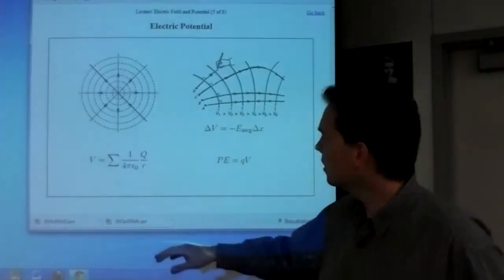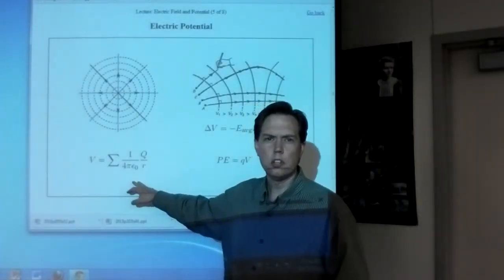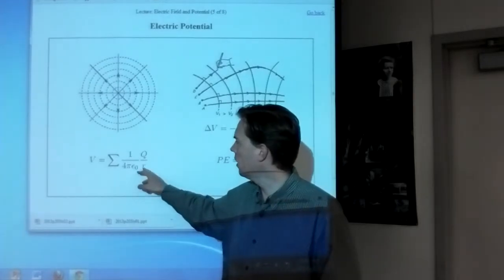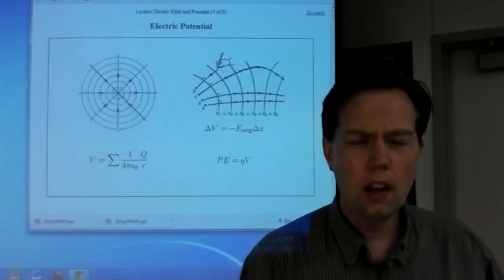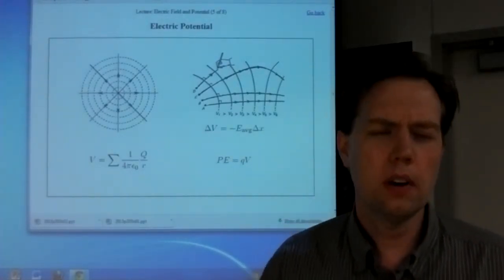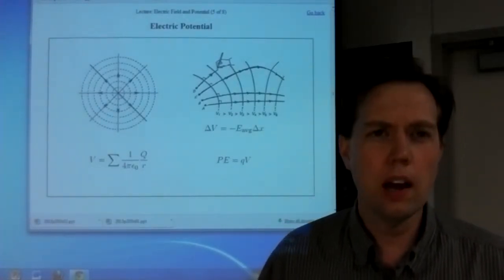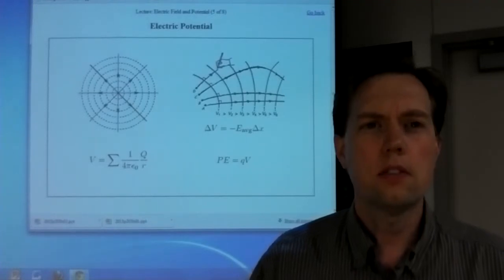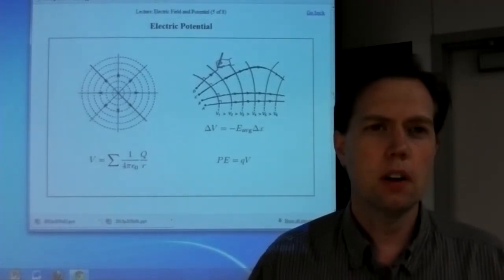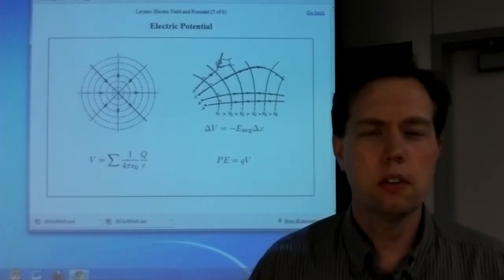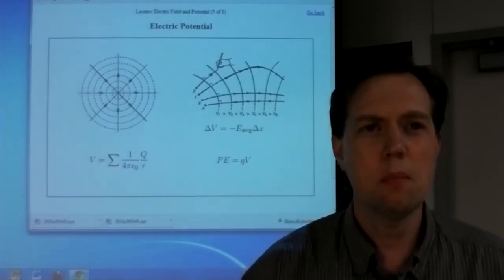Now, at a basic level, this is the definition of voltage right here. Voltage is defined for a particular point charge. And I don't remember if we talked about it at the time or not, but this is the same kind of formula that exists for gravitational potential. That's because the fundamental force, the formula that drives the force, is the same between the two.